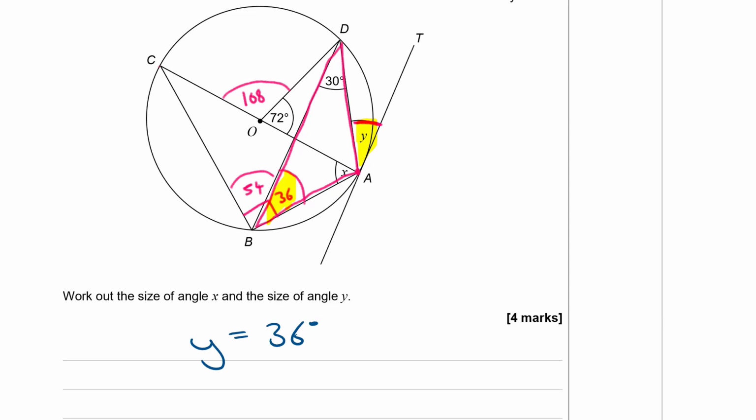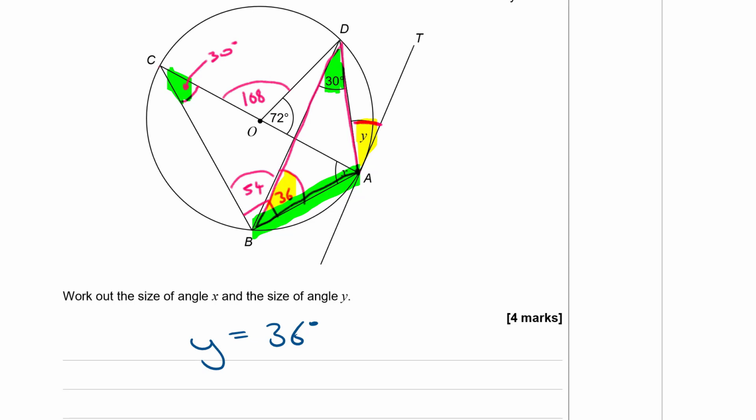Okay, now looking at this angle here, that one is subtended from the same chord as this 30. You can see they're both subtended from this chord along here. So this angle up here is also going to be 30 degrees.